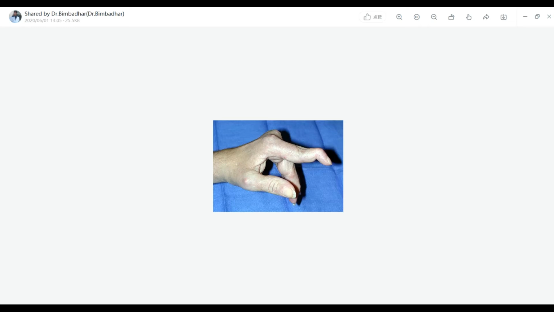Look at this picture and tell me which bones, which phalanx has got the problems. Use this image as the reference.